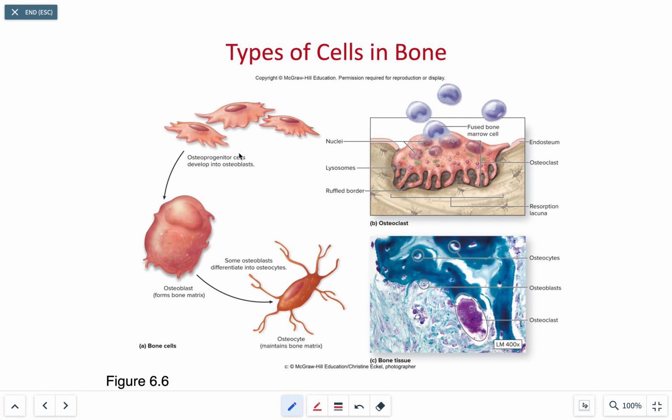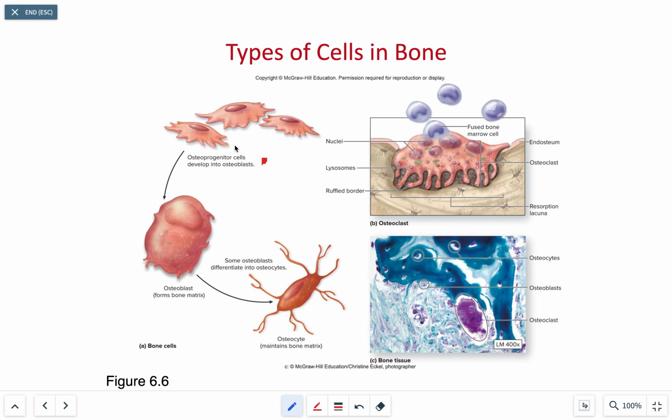So this is just an illustration of what we spoke about, just for review. When we see osteoprogenitor cells, they're differentiated stem cells. We find these in the endosteum and the outer layer of the periosteum.